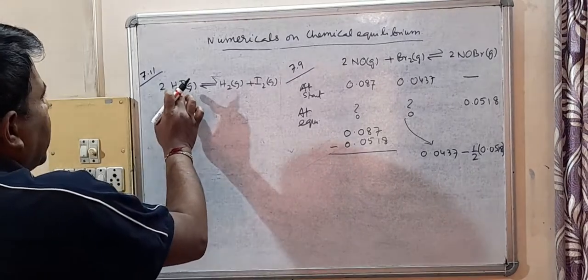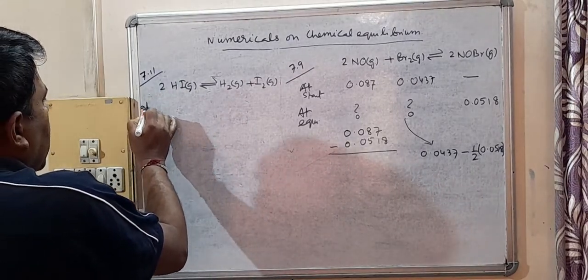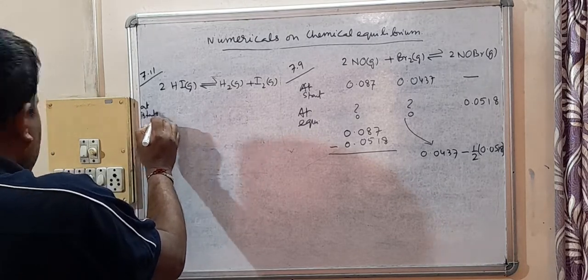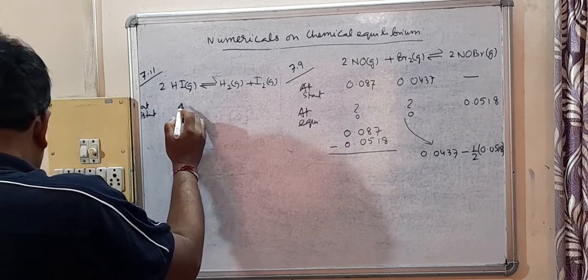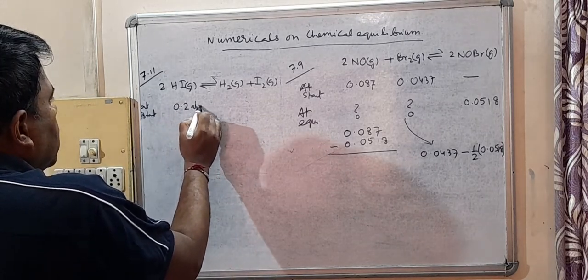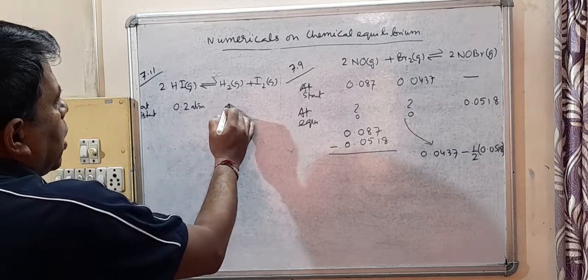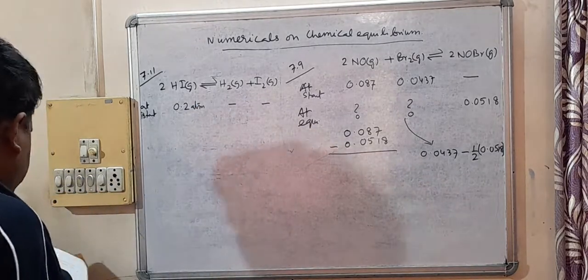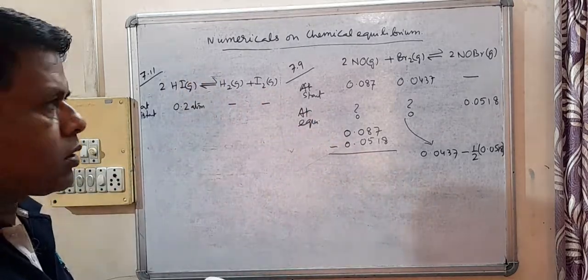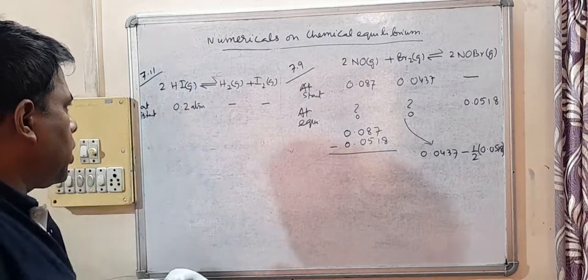So that means at start, we can write the pressure of HI is 0.2 atmosphere. At the beginning, H2 and I2 are not there, so whatever pressure this flask will exert will be due to HI.